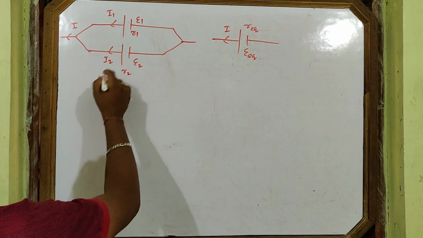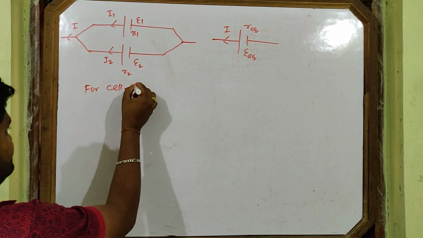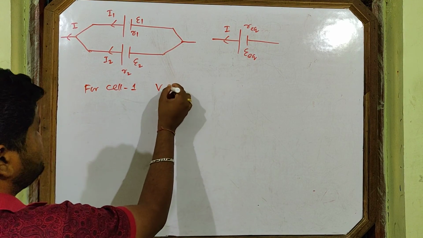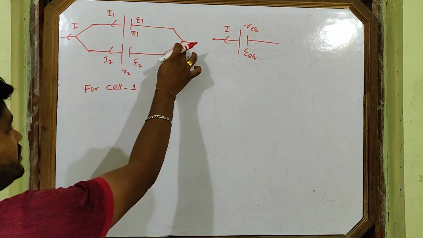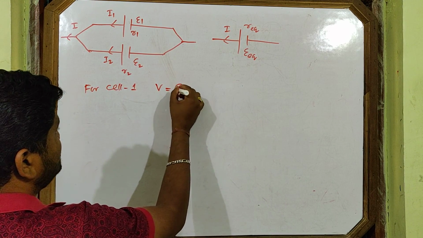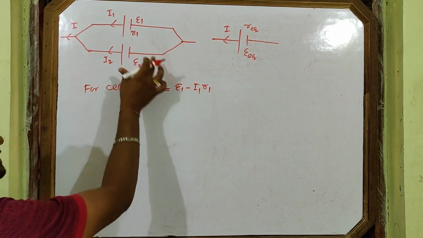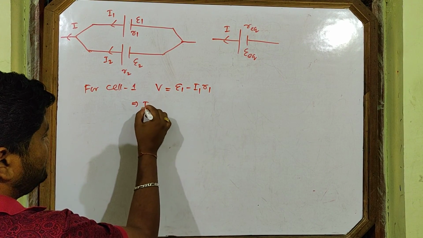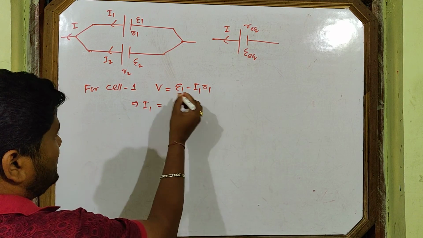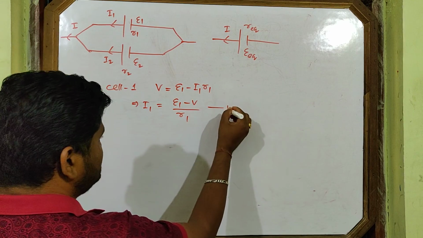Now see, for the first cell, cell 1, V is the potential difference between the two terminals. I am writing V only here. V equal to E1 minus I1 r1 for the first cell. It's right, I wrote the discharging condition. Then I1 is equal to E1 minus V by R1, equation number 1.